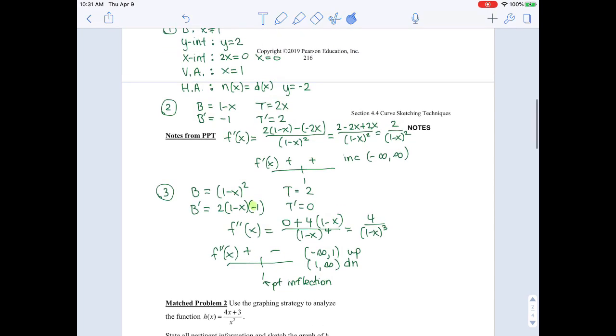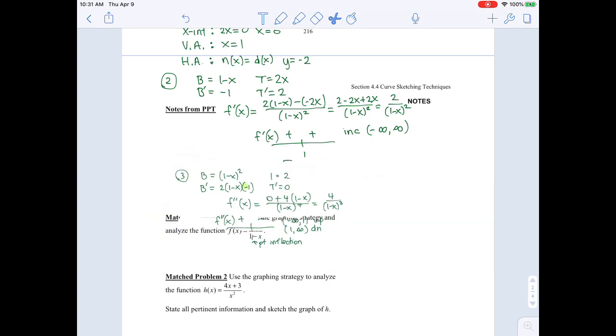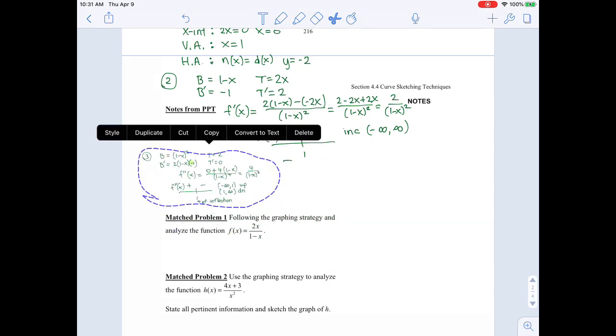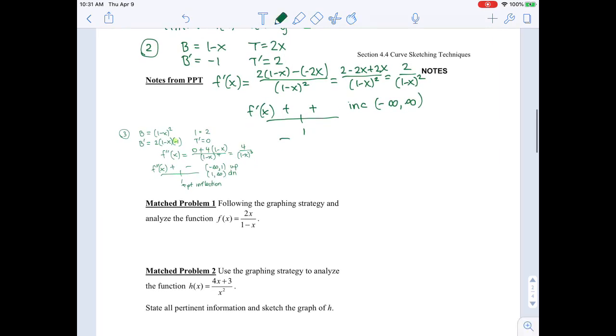I'm going to shrink some things here and go ahead and graph.